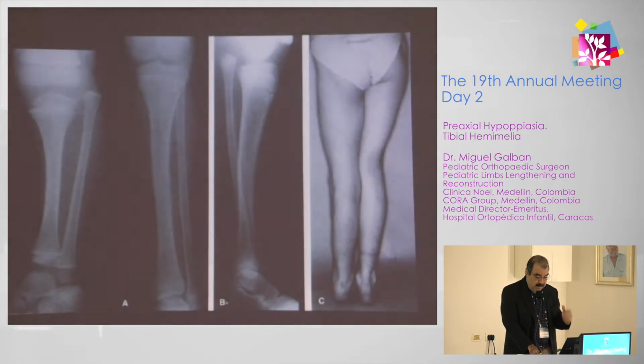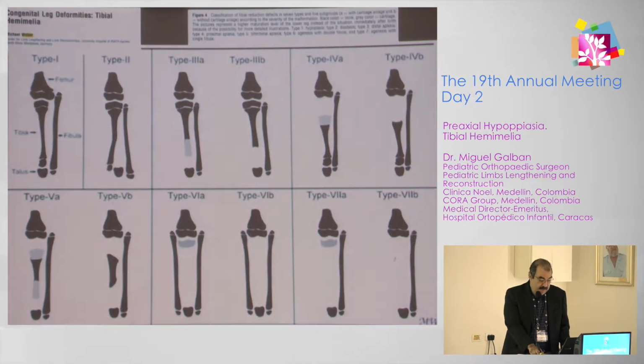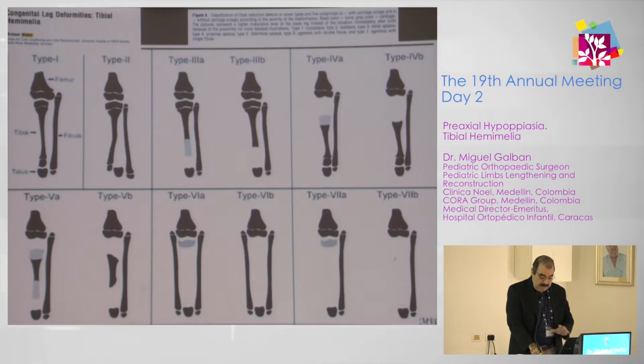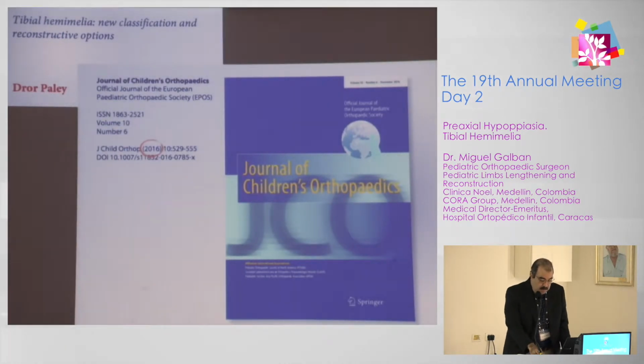These are the pictures from the article of David from Ireland. Then Dr. Michael Weber from Germany published a more complete classification, where type 1 is the type 5 of the David type.